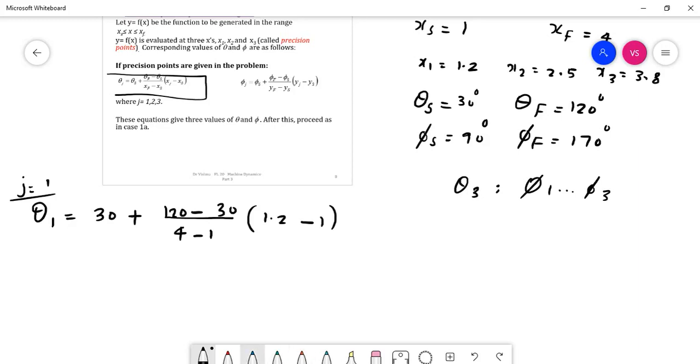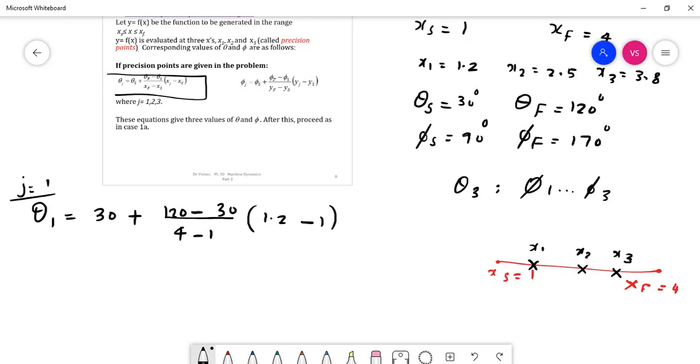Now this is like saying x starting is 1, x final is 4. In between these two values, we are going to find these values of x1, x2, x3. I'm sorry, it is not that we have to find, it is given already. x1, x2, x3 is given already.